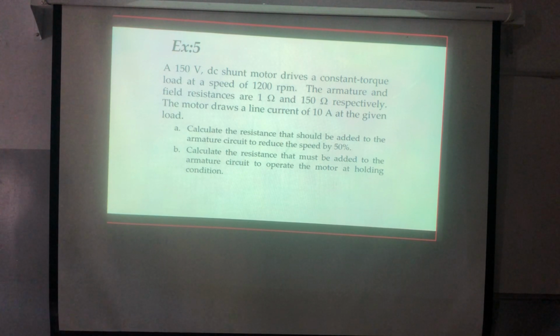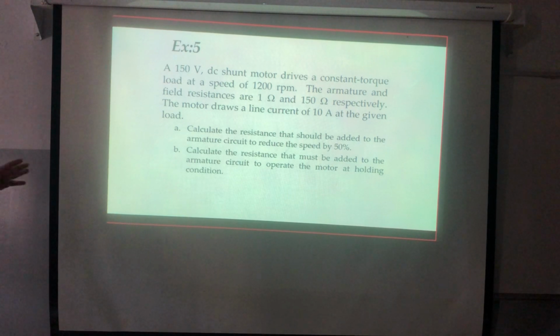So simply here what I'm having is a shunt motor connected to a constant load. The load is rotating at speed 1200 RPM, correct? And it draws a line current. This line current is not armature current. This is the total current, which equals IA plus IF, because this one is shunt.